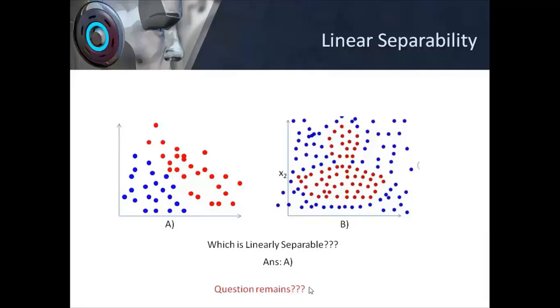So the question remains: how do we solve this linear inseparability? The answer definitely lies in the models which have been developed over time. Madaline is one example I told you, but perceptron also can be used for that.